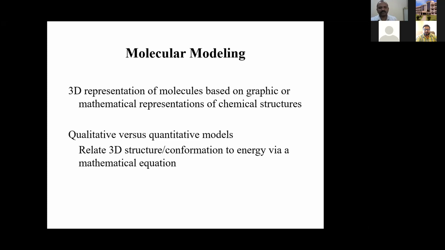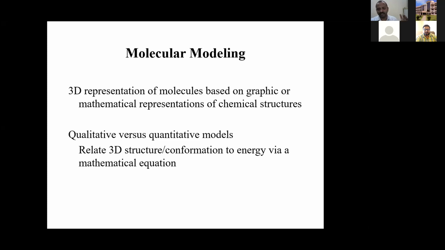After sketching it, you minimize its energy and do the conformational analysis to find the right conformation for that molecule. Now, how do we assess that it is the right conformation, the right three-dimensional structure of that molecule? That is a big question.